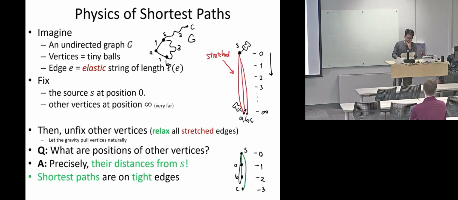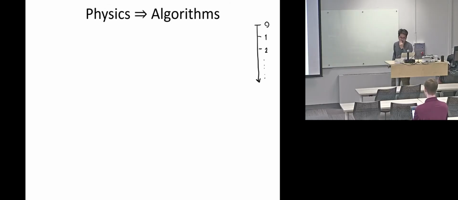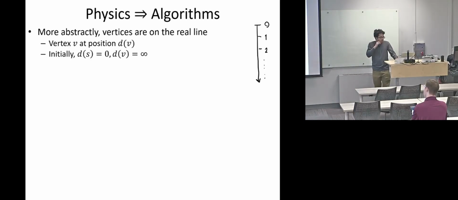And actually this physical process can motivate the algorithm too. The way that you think abstractly might be: you imagine that you have the real line, starting from 0, and 1, 2, 3, 4, right?